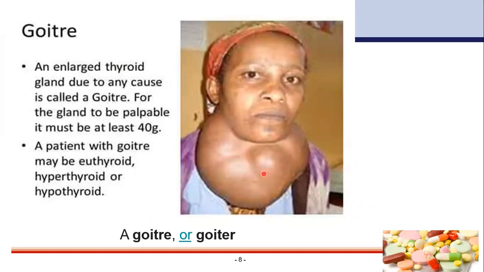For the gland to be palpable, it must be at least 40 grams, okay? This is very, very large. A patient with goitre may be athyroid, which means not enough iodine, okay? And hypothyroid, okay? This is goitre.